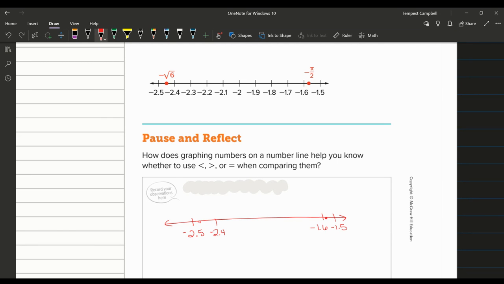Because we knew where they fell on the number line, we would see where negative square root 6 and negative pi halves fall, and then we would know to put the less than symbol in there.